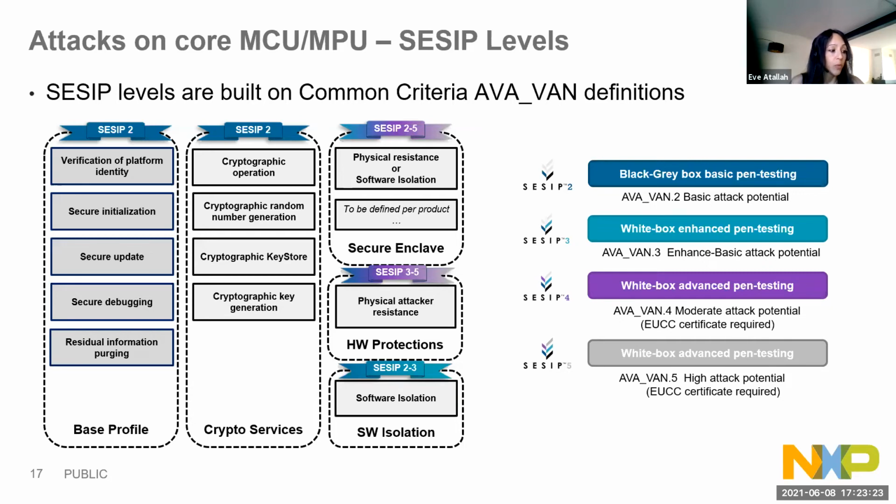It can be raised up to SESIP 3 with the software isolation claim, which means resistance to what we call enhanced attack potential, so more expertise and more equipment than in the basic one. And it can be raised up to SESIP 5 with the physical attacker resistance claim, meaning resistance to a high attack potential involving a high level of expertise and very specialized equipment, not publicly accessible, or very, very expensive.